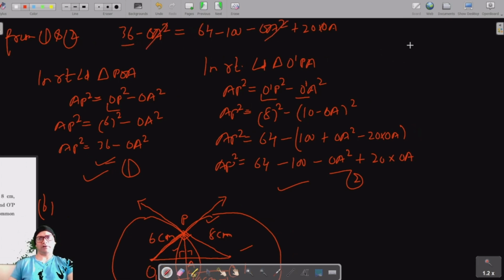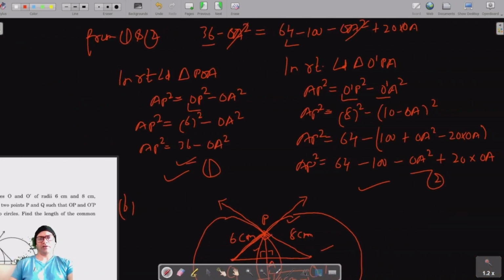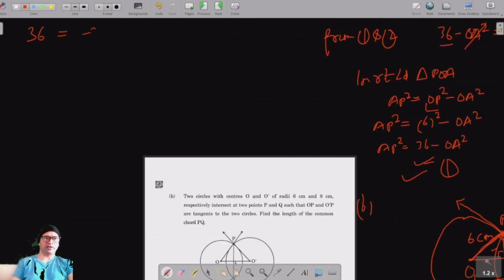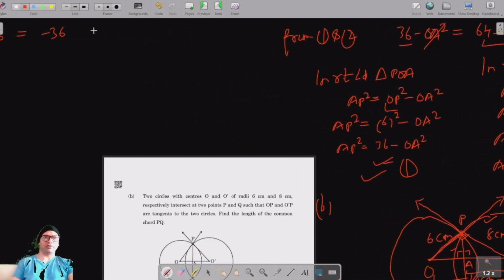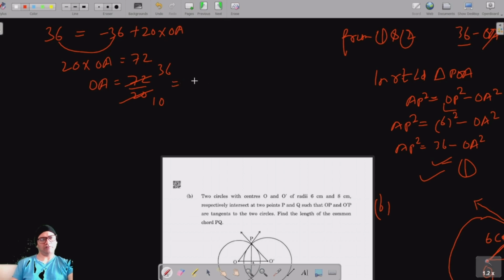So 36 is equal to 64 minus 100, which is negative 36, plus 20 OA. So 36 plus 36, this is 20 into OA is equal to 72, and OA is equal to 72 by 20, which will give us 36 by 10. So OA is equal to 3.6 centimeter.